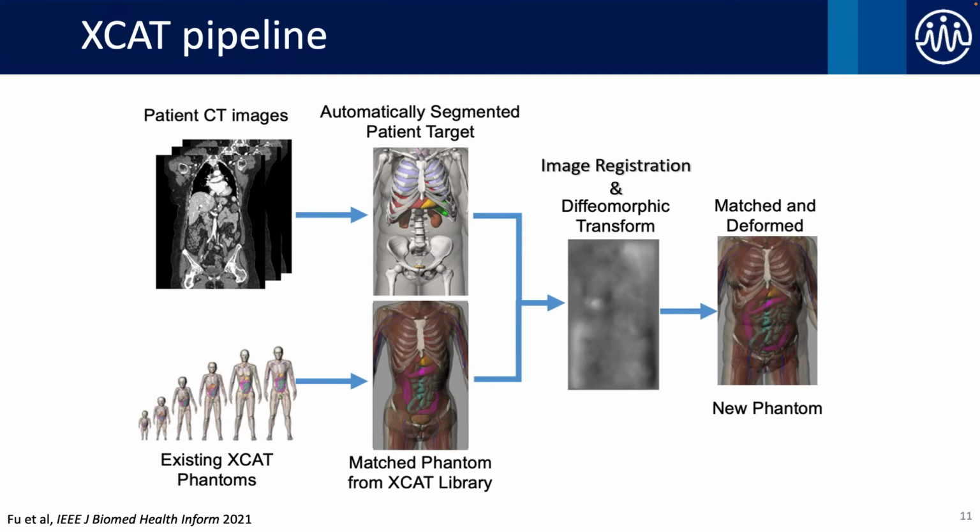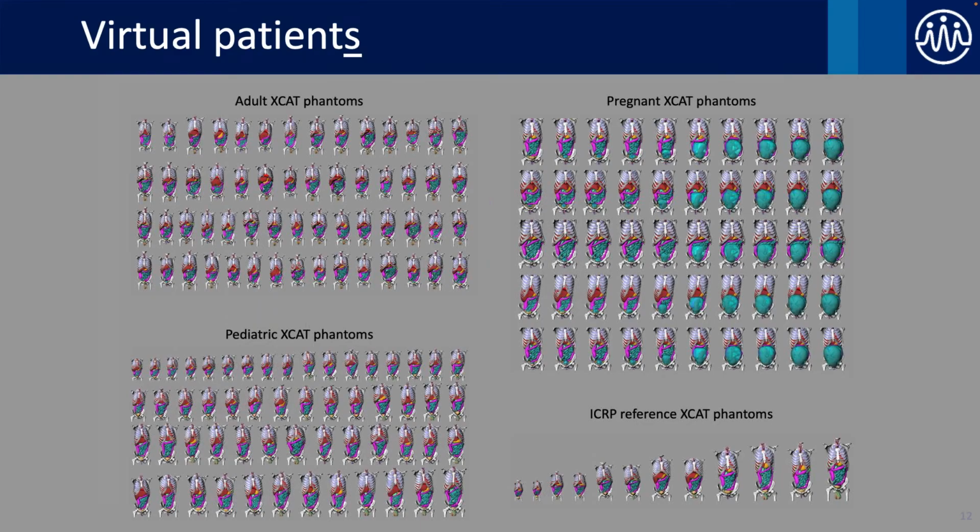But this would be an approach that would create and model major organs and anatomy of the patients. And you also want to have a diverse army of these. So we create models for adults, for pregnant, for pediatrics, and that will help us to target specific cohorts in a particular study that we want to perform.